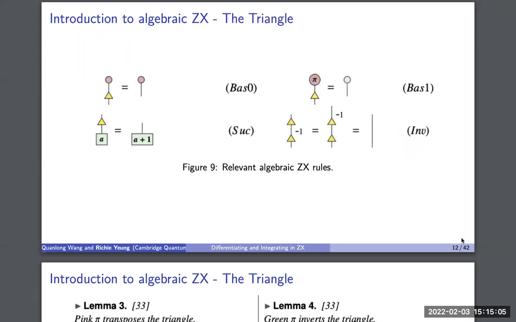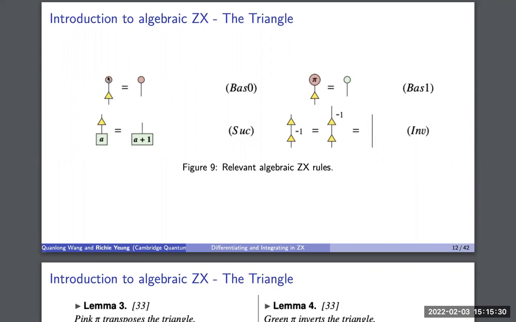Let me talk a bit more about the triangle itself. There's a bunch of rules, but I wouldn't worry about learning the rules for the sake of the talk. I'm just showing them to show you what it does. I'll explicitly point out when the triangle rules are used, and you can just believe me that I used them correctly. The triangle you can think of as a change of basis.